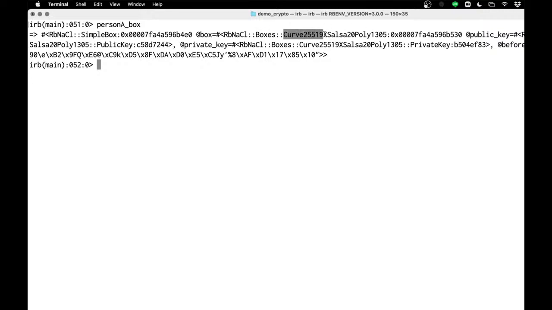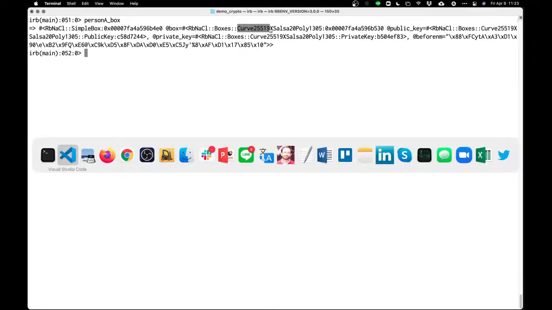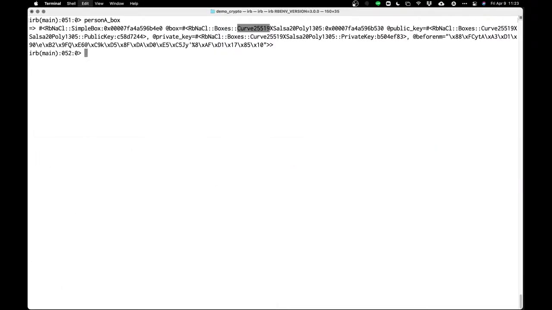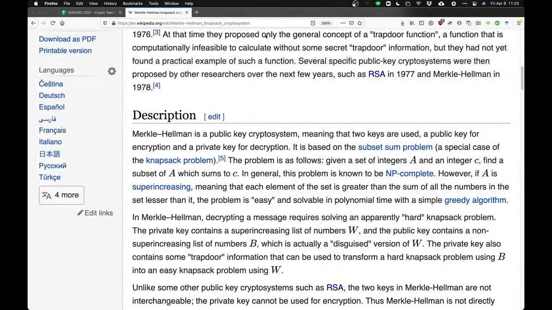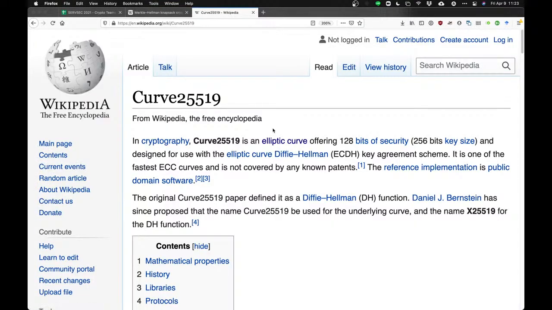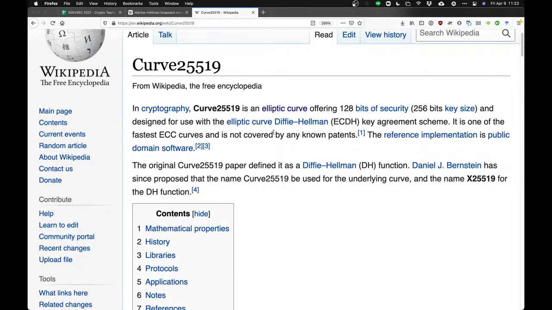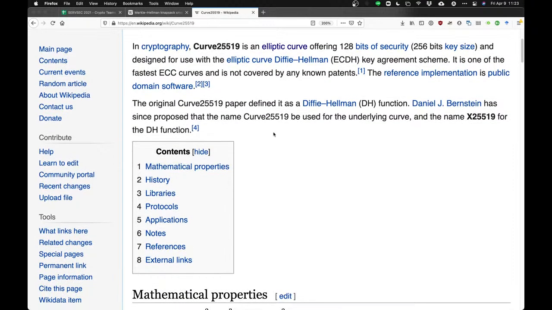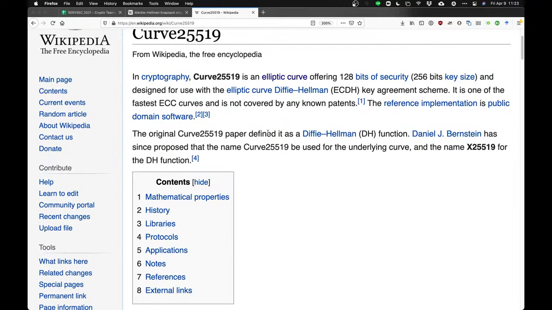Curve 25519 is an asymmetric crypto system. It uses a mathematical technique called elliptic curves, and you can go find it on Wikipedia. You're welcome to go read up on what elliptic curves are if you would wish. Okay.